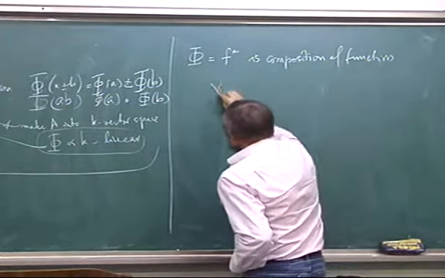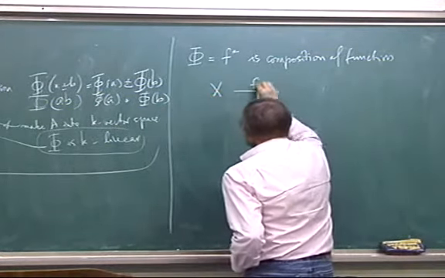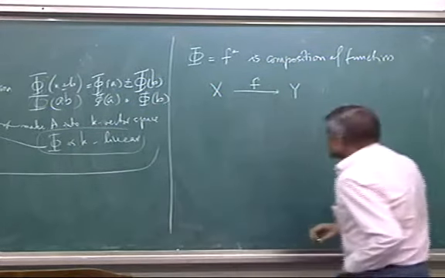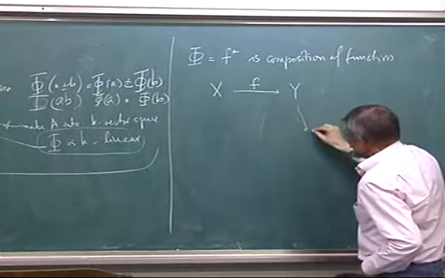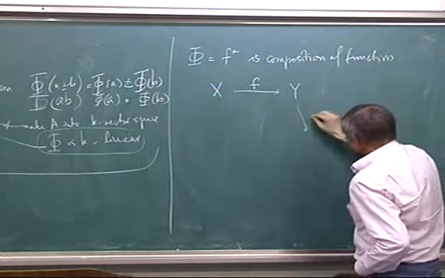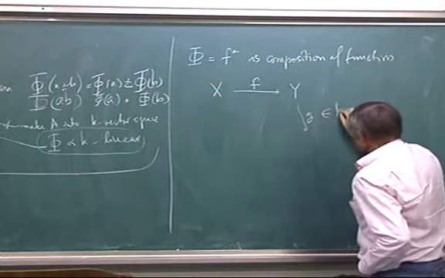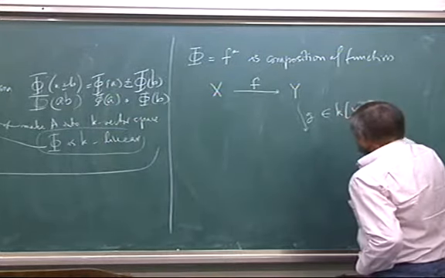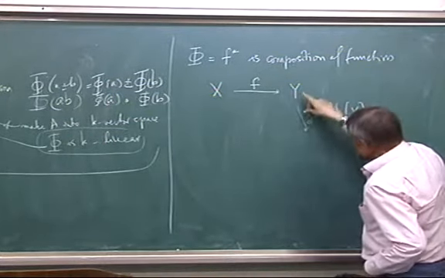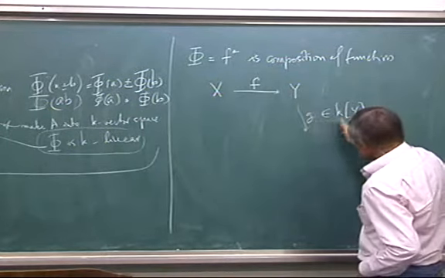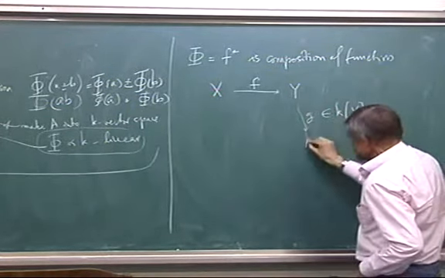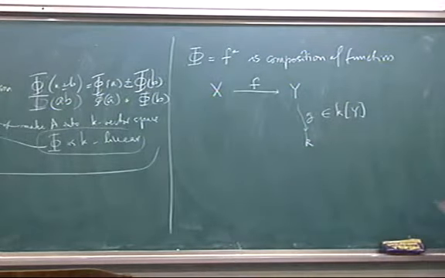So here's my X, and I'm mapping it by F to Y. Now if I've got an element G in K of Y, then G is a polynomial function on Y, so it's a map to K. Given this apparatus, what can I do?